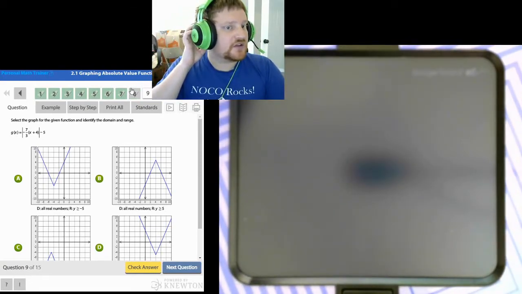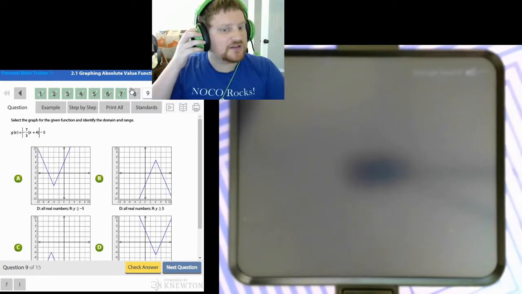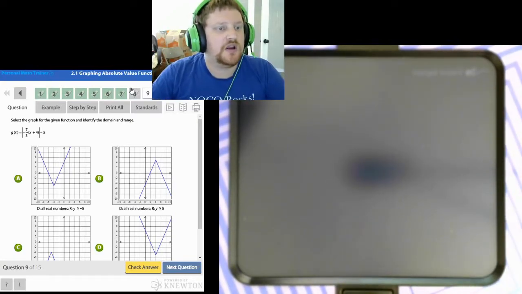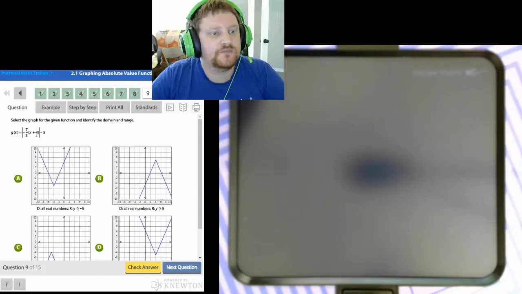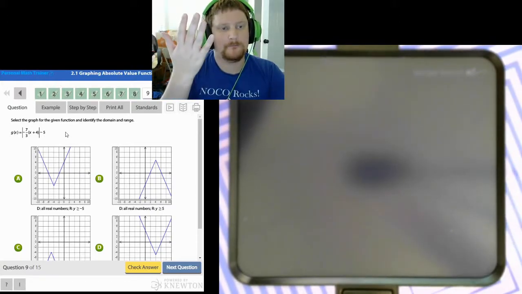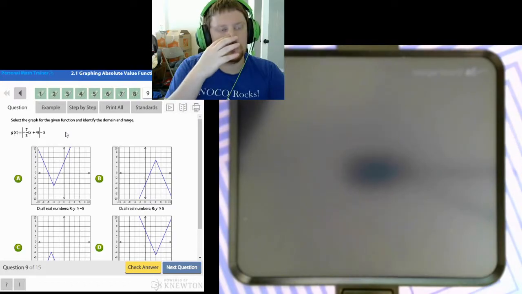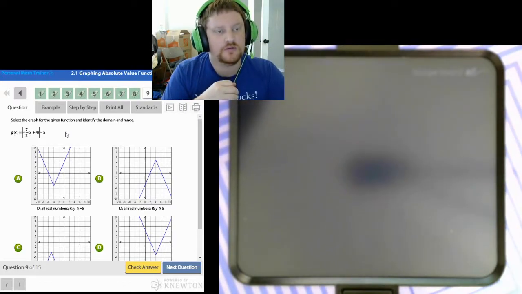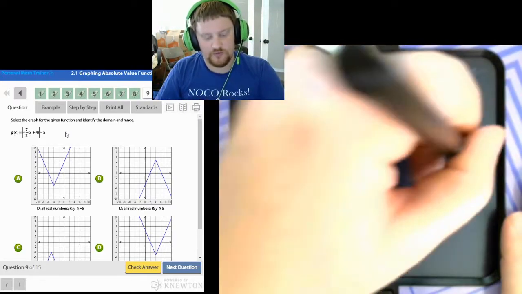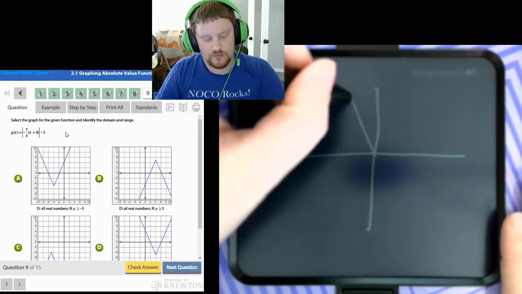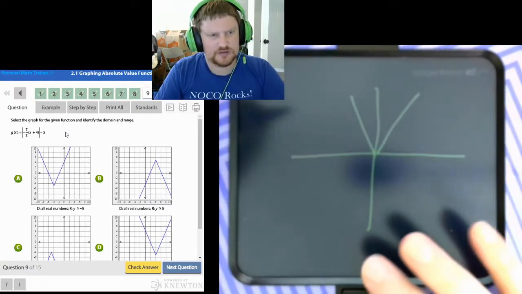Alright, select the graph for the given function and identify the domain and range. So, first things first, we have a horizontal reflection. So that's going to be a reflection over the y-axis.